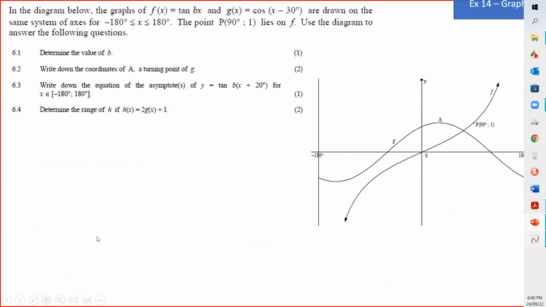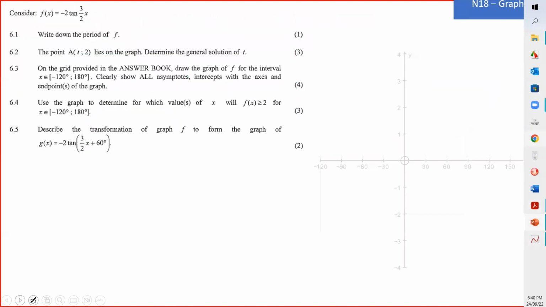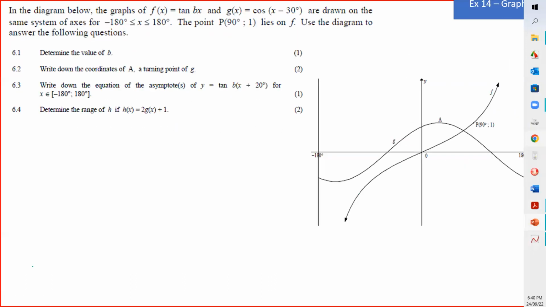All right, we see the famous tan graph. Remember, the period of a tan graph normally is 180 and not 360. Okay, so if we look at this question, it says that f of x is equal to, sorry, we skipped that very quickly.